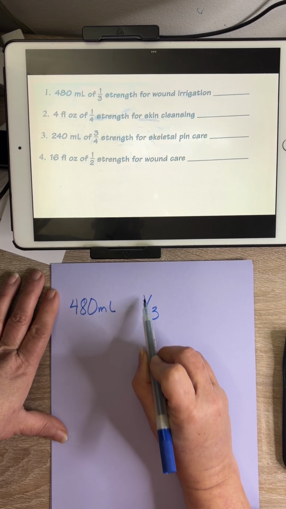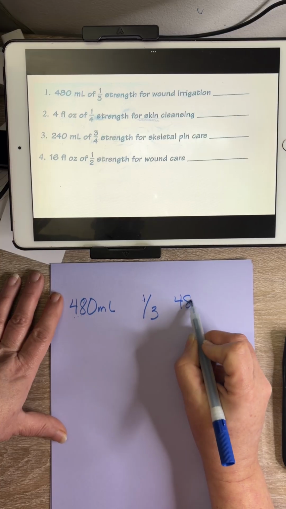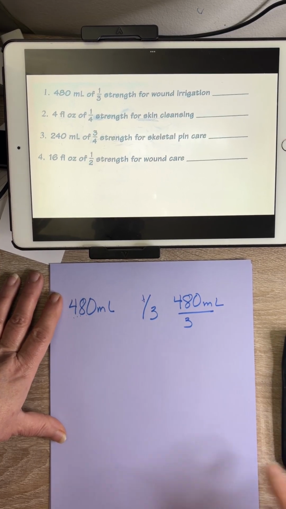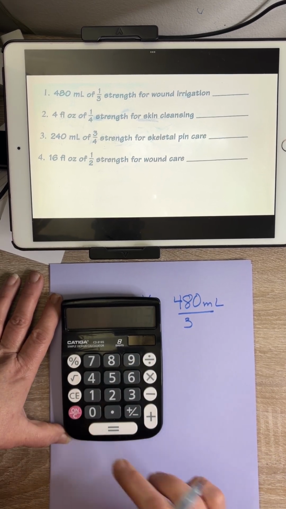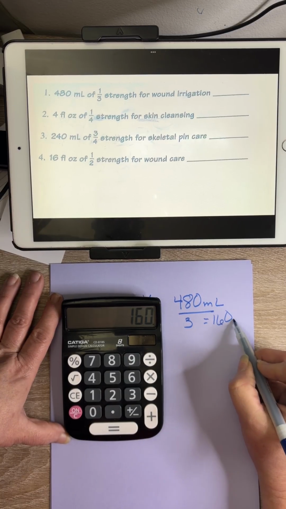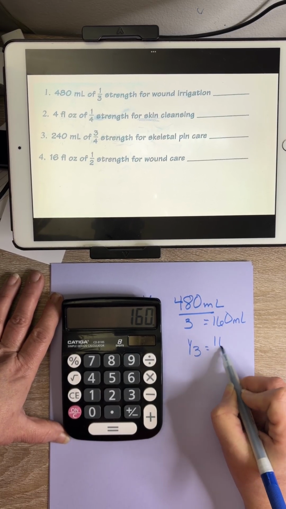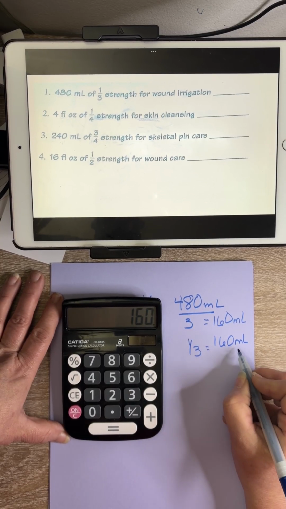So you're going to just remove that 1 and put the whole number over it, 480 milliliters, and you're going to divide that by 3. So watch, 480 divided by 3 is 160 milliliters. And that 1/3 strength would equal 160 milliliters of peroxide.